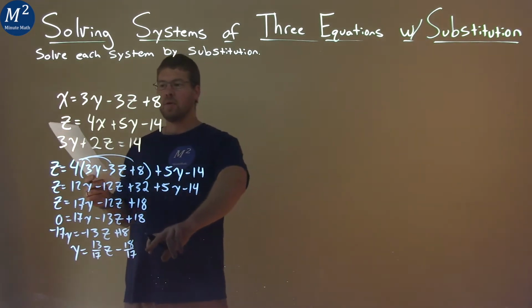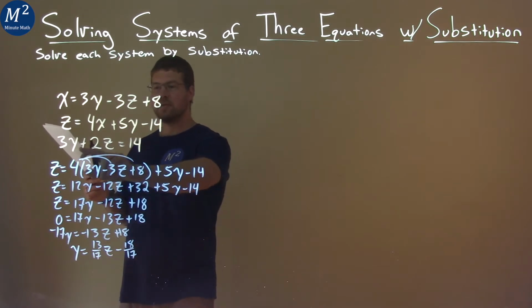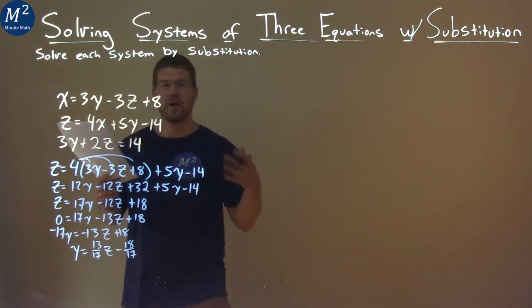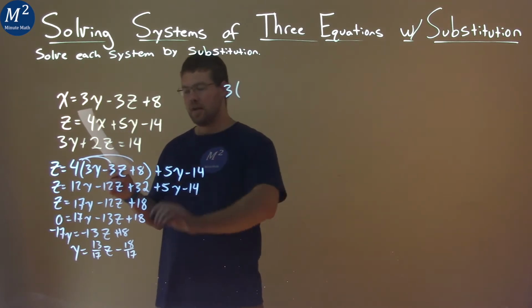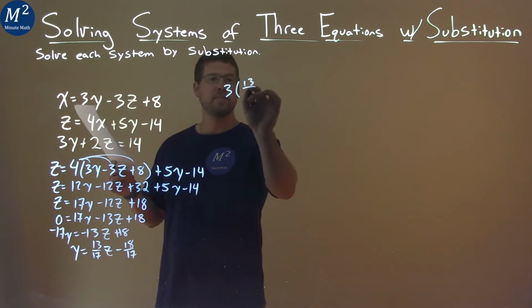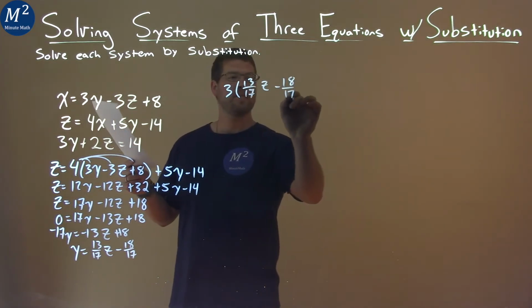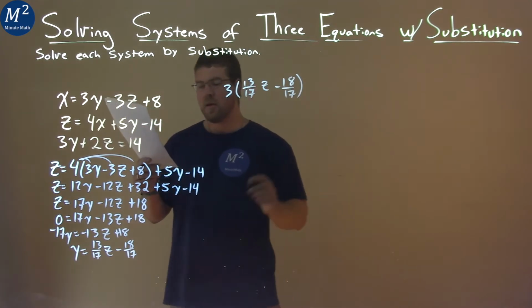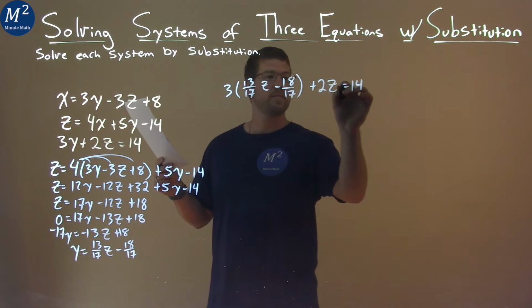So then we look at our third equation here, and we plug this y in for this y here, and we have an equation with only z's. So we take 3, and instead of y, we put that whole equation we just found, 13 over 17 z minus 18 over 17. Then we plus 2z here equals 14.